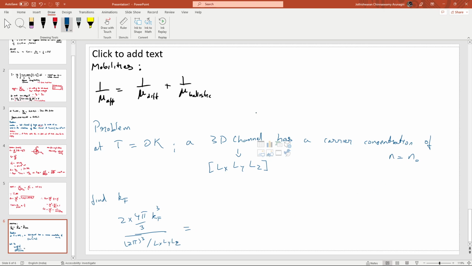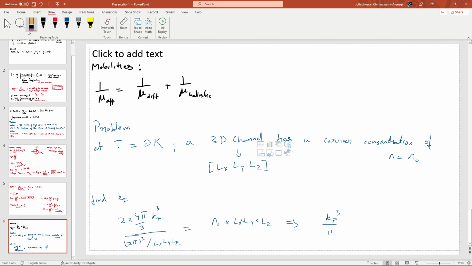So this will be equal to the total number of charges present in the channel, that will be n naught into Lx into Ly into Lz. So this and this will get cancelled. So we will have 8 pi cube here and 8 pi up there, so I will have kF cube upon 3 pi cube. Everything else will get cancelled out.